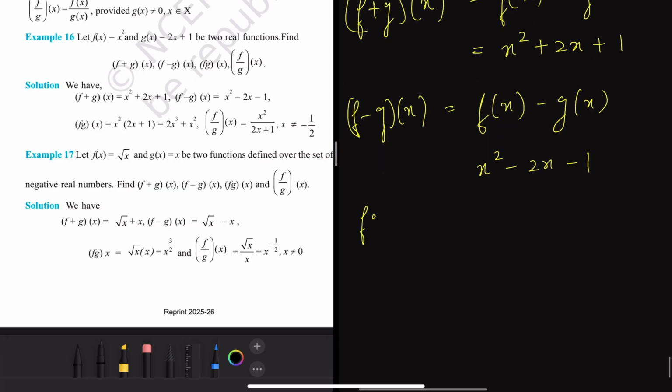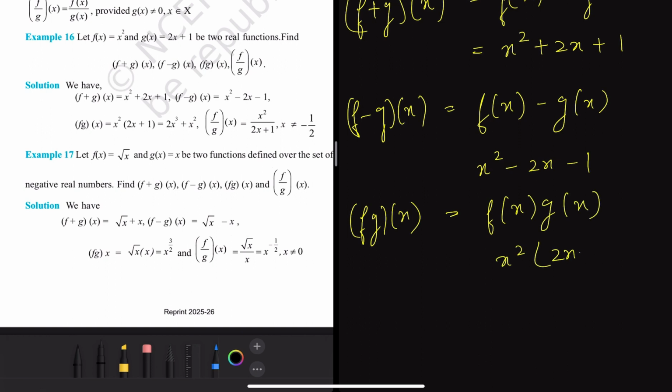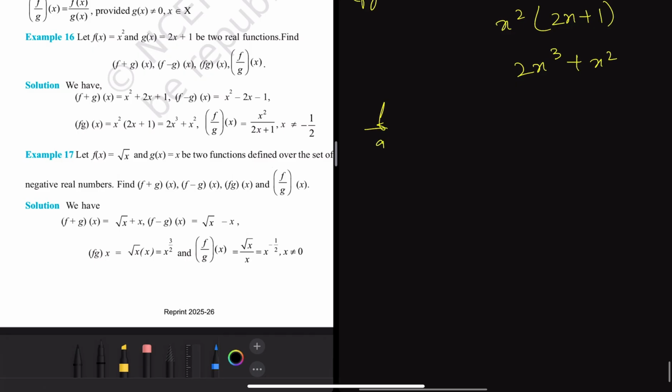Now if I have to subtract, I can write f of x minus g of x. So f of x is x square, and minus g of x will give me this. Then if I have to multiply them both, that is also very simple. I just have to simply multiply. So x square multiplied by 2x plus 1 will be 2x cube plus x square. Then f upon g of x will also be f of x divided by g of x.